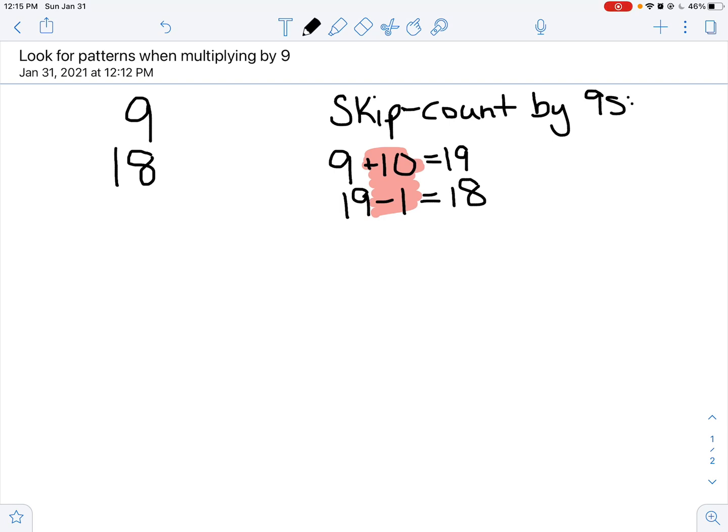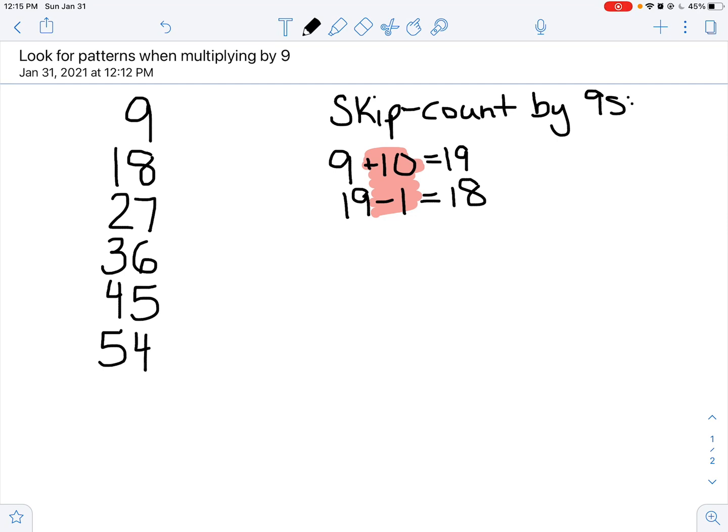So let's look at my left column here. I'm going to skip count by 9s. 9, 18. I'm going to add a 10, 28. Take away a 1, 27. Add a 10, 37. Take away 1, 36. Add a 10, 46. Take away 1, 45. Add a 10, 55.